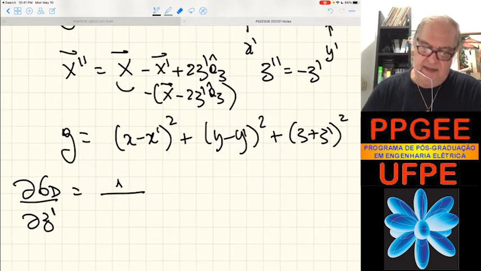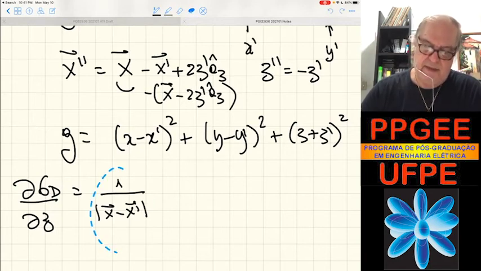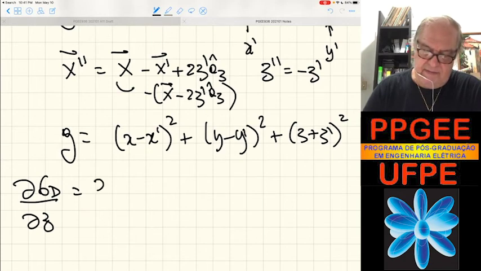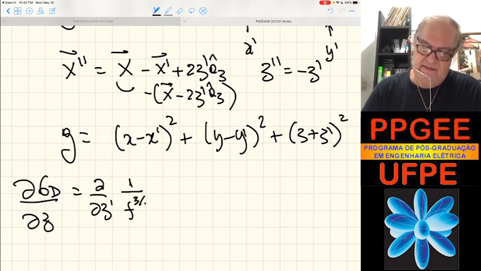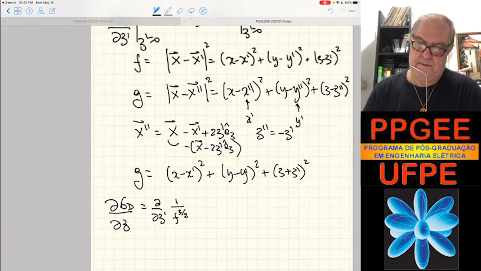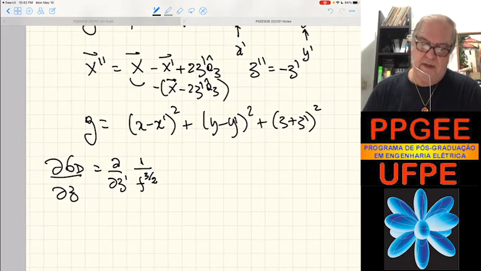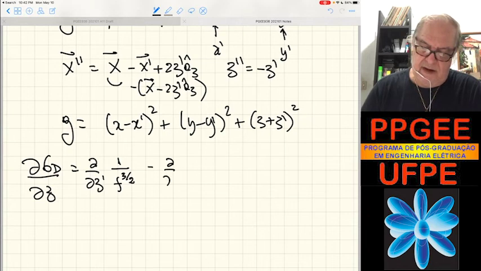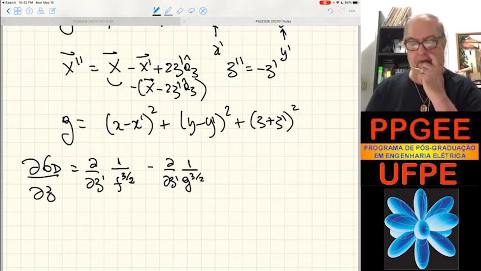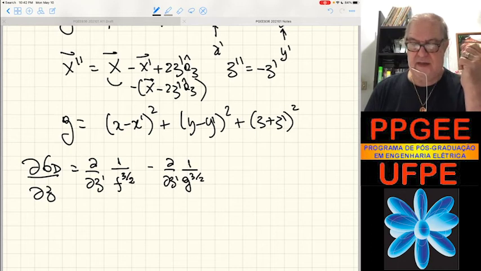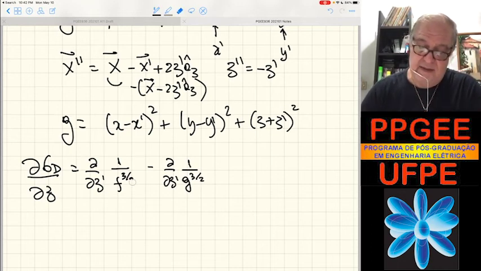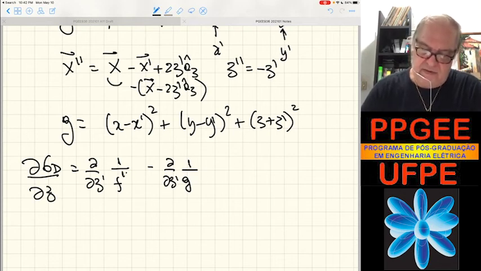It's d/dz prime of 1 over f to the 1/2, minus d/dz prime of the function 1 over g to the 1/2. I said 3/2, that's not right. It's 1/2. Sorry about that.